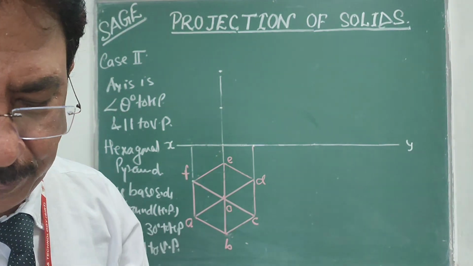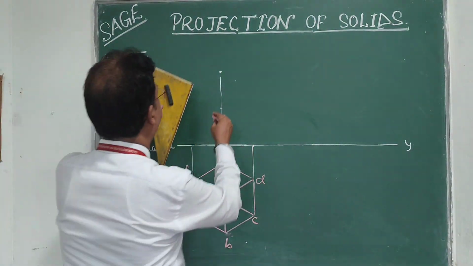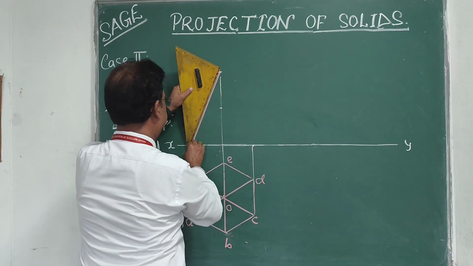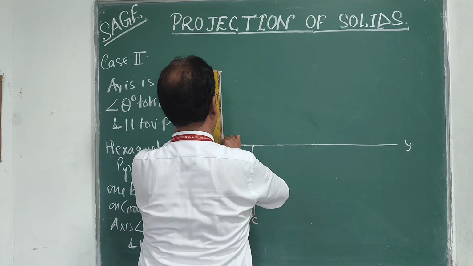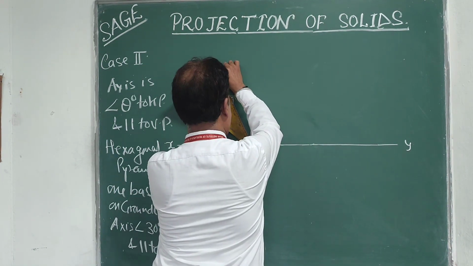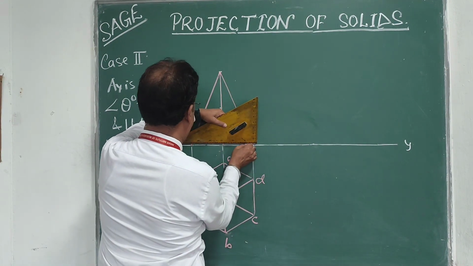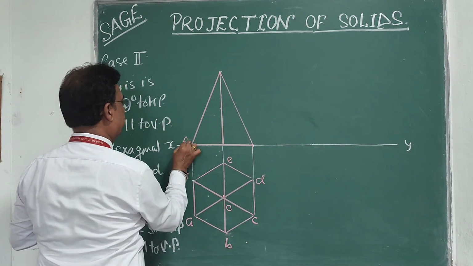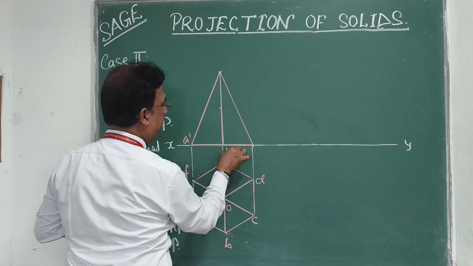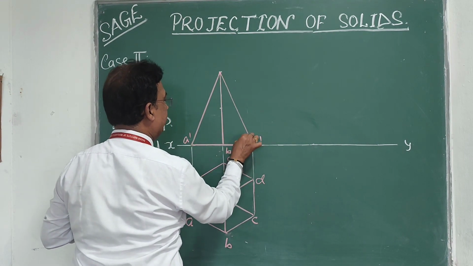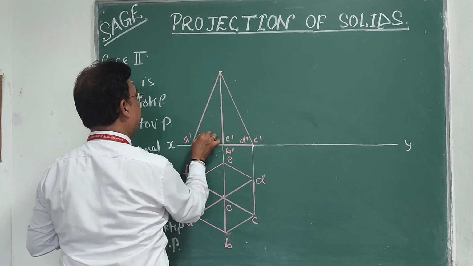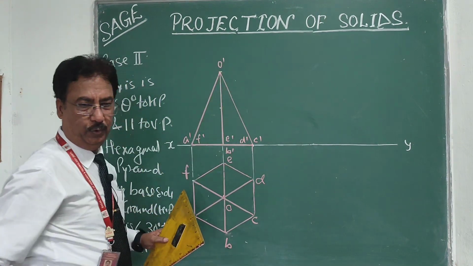Now I join all these lines. This point is A dash, this is B dash, C dash, D dash, E dash, F dash, and this is O dash.